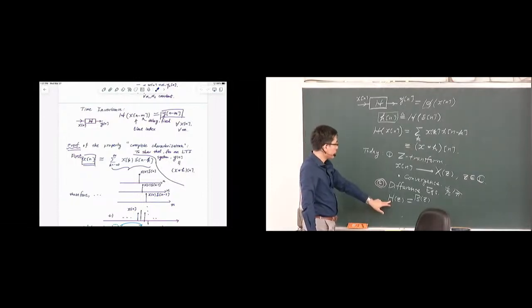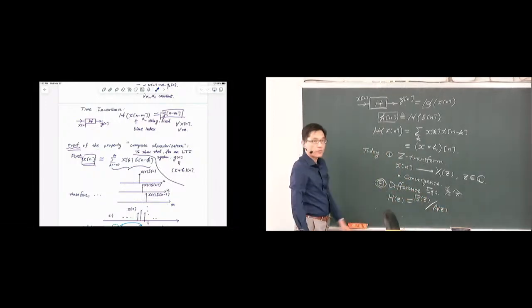In general, when we are given a difference equation, that gives us a system whose transfer function H after Z transform can be written as the ratio between two polynomials, B(z) and A(z). And from there, we can do a lot of things.